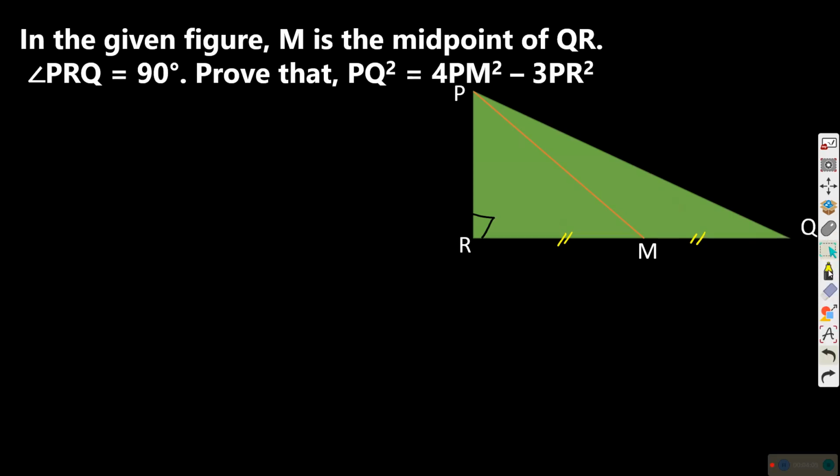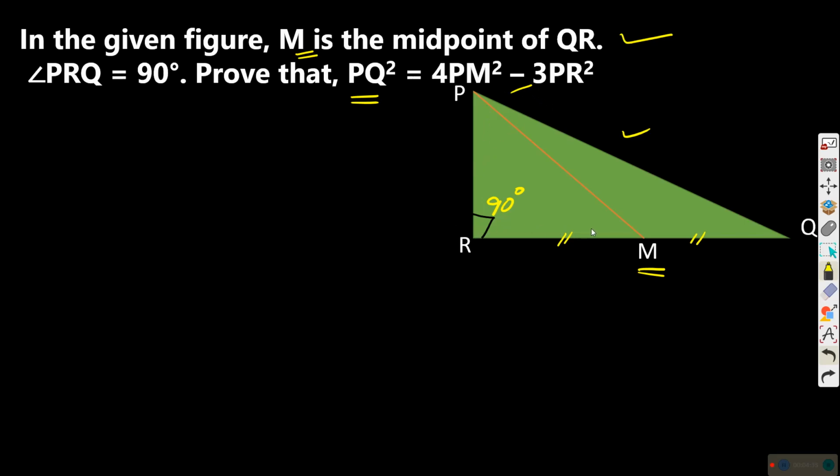In the given figure, M is the midpoint, angle PRQ is 90 degree. Prove that PQ square is equal to 4PM square minus 3PR square. PM square and PR square are to be connected. There are two triangles, PRM and PRQ.